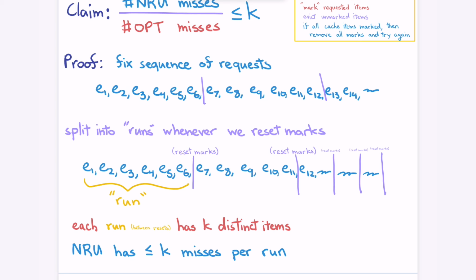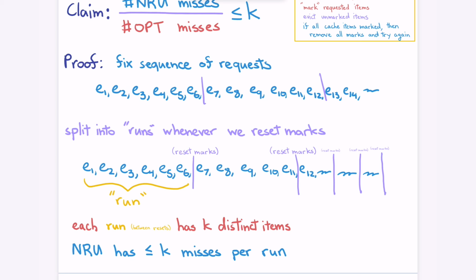One nice thing is that things get inserted and then they're marked. So within a run, you only make k mistakes. In this example the runs look small, but the first one could have been much bigger than length k. You only really made a mistake when you made a mark. So until you reset the marks, the number of mistakes equals the size of the cache. Each run, you only make k mistakes.